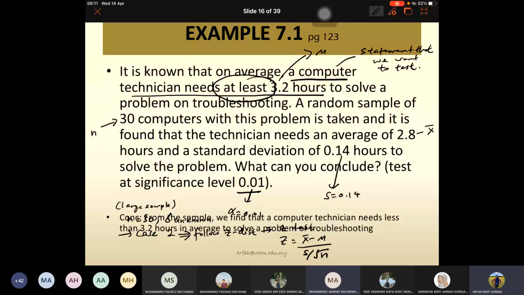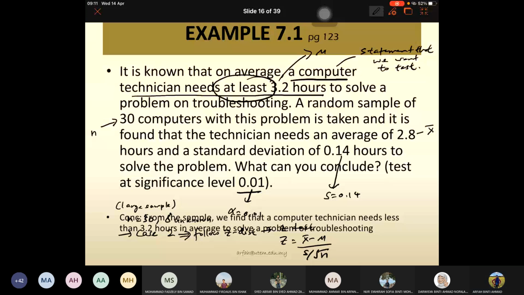Greater. So mu greater atau equal to 3.2 hours. Okay, itu awak punya H0 versus complement mu less than 3.2 hours. Sebab dia ada perkataan at least, so it is greater atau equal.